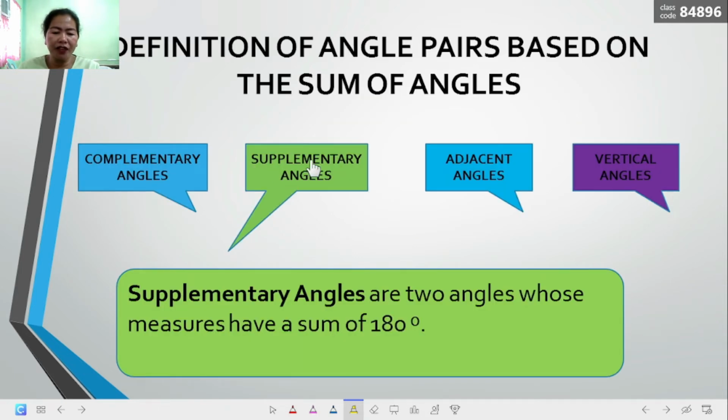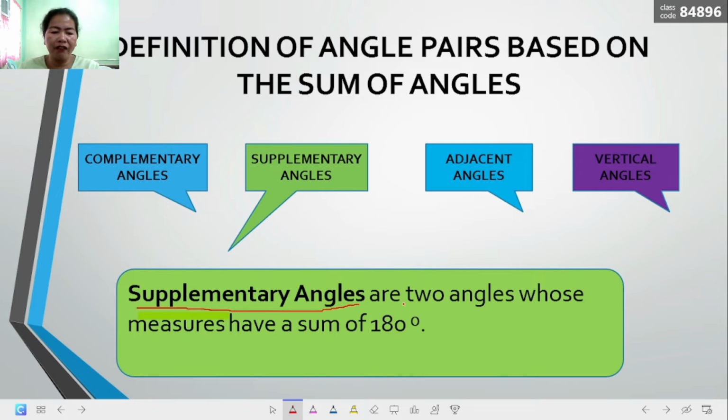Supplementary angles, by definition, are two angles whose measures have a sum of 180 degrees. I'll repeat, for the complementary angles, the sum of the measures of the angles is equal to 90 degrees. And this time, supplementary angles are angles whose measures have a sum of 180.